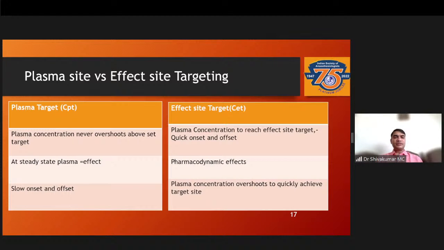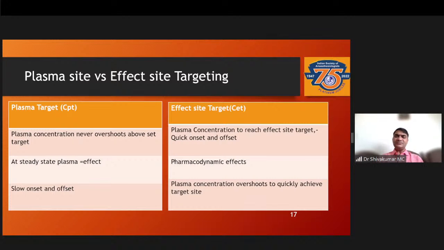So in plasma site targeting, as there won't be an overshoot, there will be a slow onset and offset. In case of effect site targeting, usually the plasma concentration overshoots to quickly achieve the effect site target, so the onset is faster and the offset is also faster.